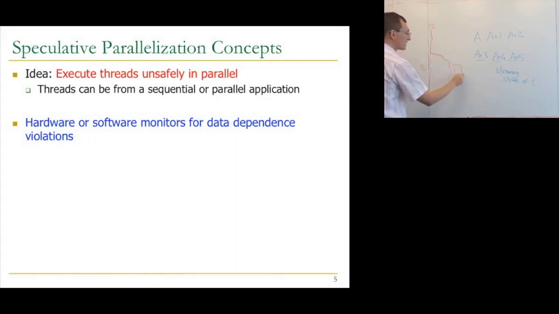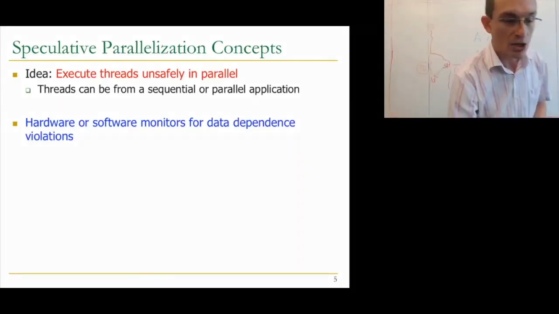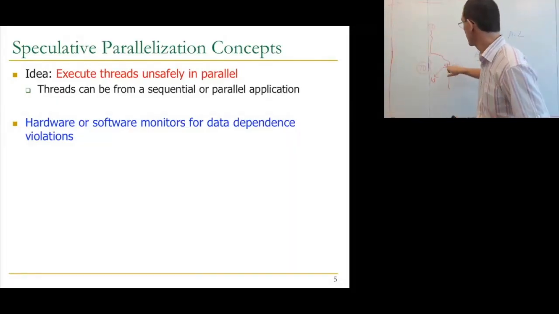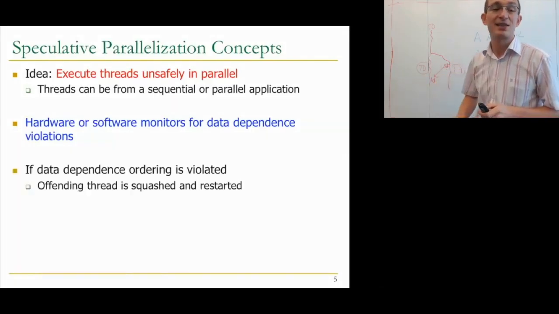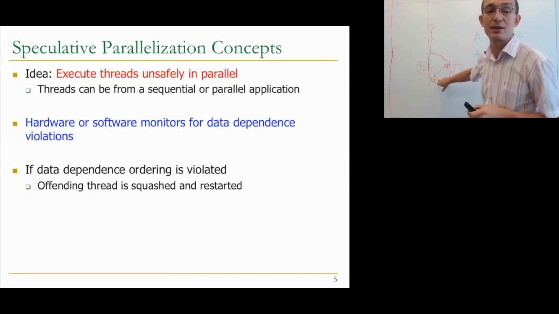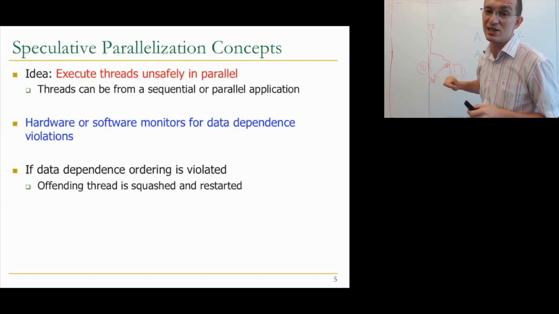You do not know whether thread 1 has a data dependency with thread 0 before you start executing it. But thread 1 may write to a location that's later read by thread 0, which means they shouldn't be executed in parallel, at least purely. So hardware or software monitors for these data dependence violations, and once it detects that the data dependence ordering is violated, then the offending thread is squashed and restarted.